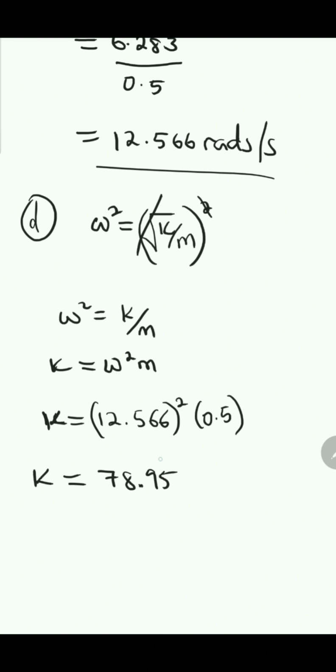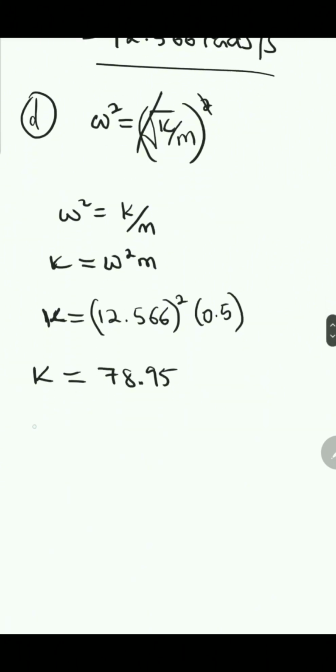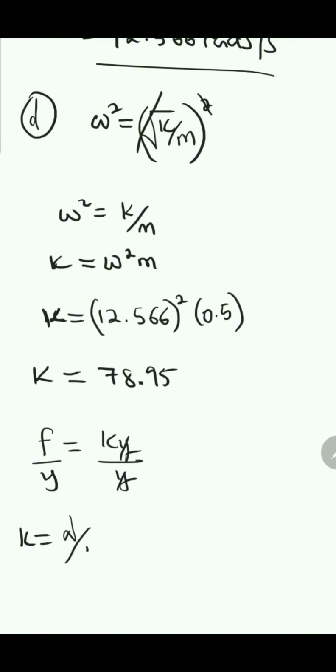Now let us obtain the units. Since this simple harmonic motion is caused by a restoring force which is directly proportional to the displacement, our force will be equal to ky. When we divide both sides by y, making k the subject, we obtain k equal to force over displacement, and this means that k will be newton for force and meter for displacement.